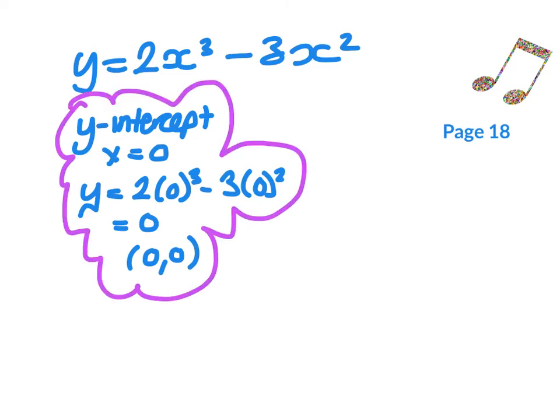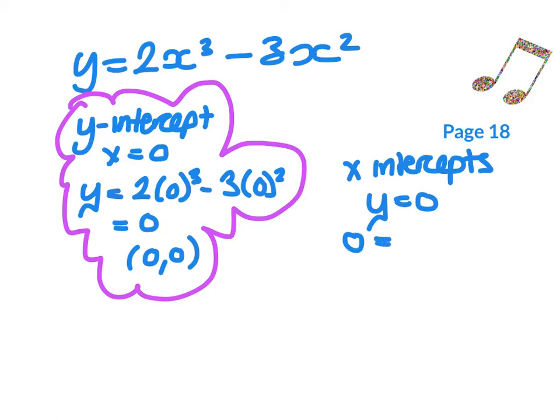Now we're going to look for the x-intercept, or intercepts. This is the roots, and it's more likely that there's more than one place where there's an x-intercept. And this happens when y is equal to 0. So again, I'm going to substitute that into the original function. So 0 equals 2x cubed minus 3x squared.